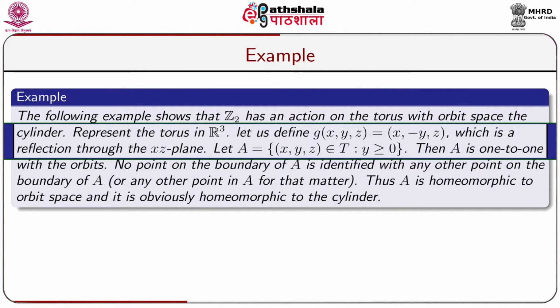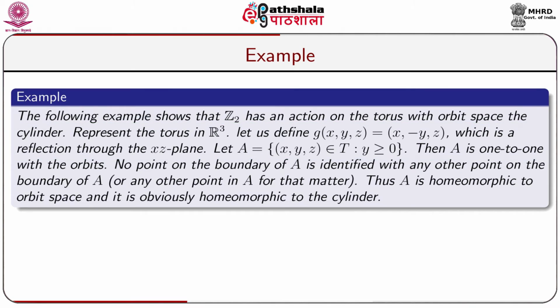Then we define a mapping as follows: g of (x,y,z) is equal to (x, minus y, z). In fact, this mapping gives a reflection through the xz plane.